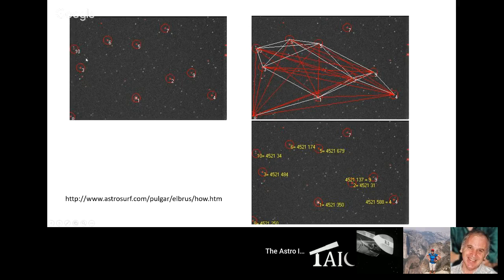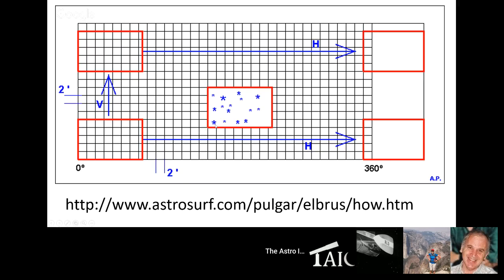The way it finds it is it looks for distances between two stars and an angle, and then goes after the others. Now, if it had to do that from scratch each time, it would take a heck of a long time, because there's hundreds and hundreds and billions and trillions of stars out there.